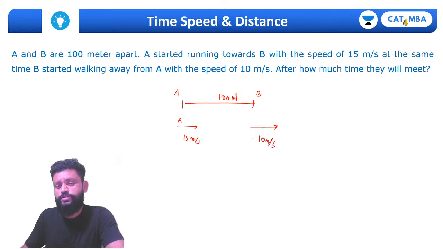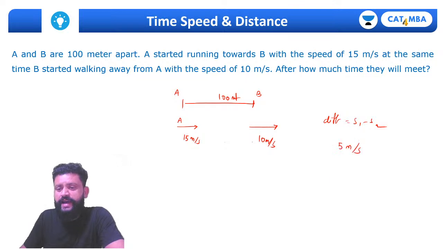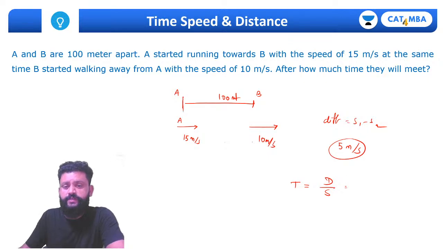So here the relative speed will be the difference of both speeds, that is s1 minus s2. That comes out to be 5 meters per second, and that's why the time for A to reach B or to catch B will be definitely distance upon speed. It will be the initial distance between them.